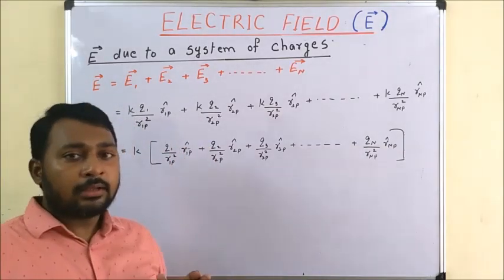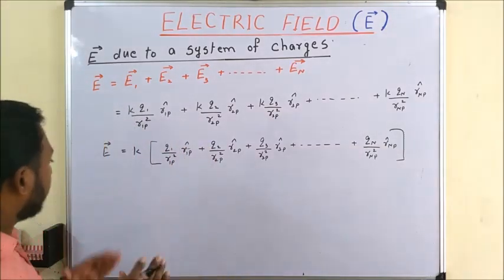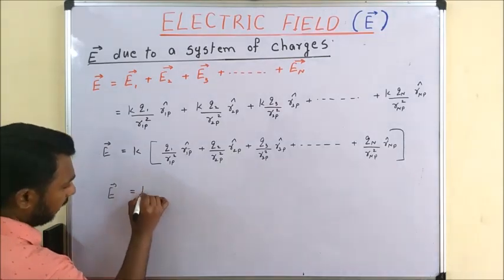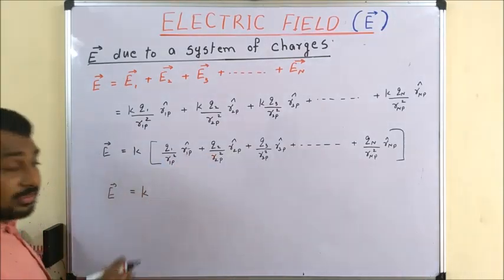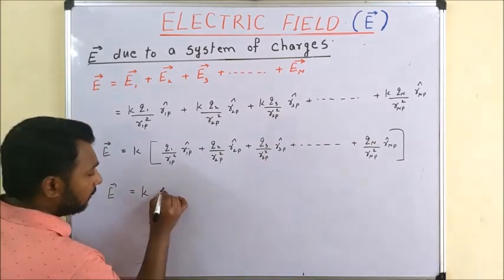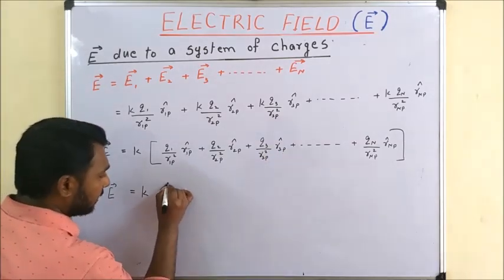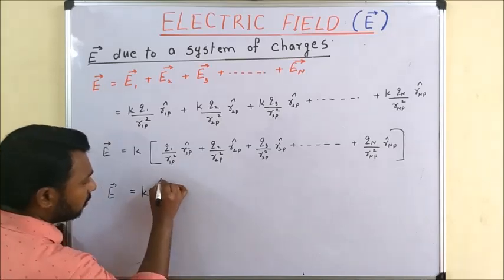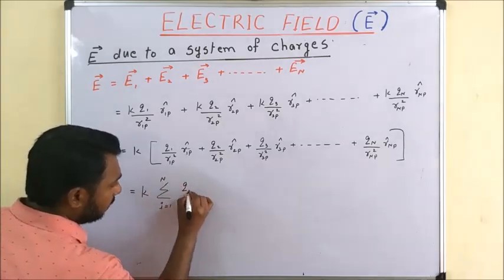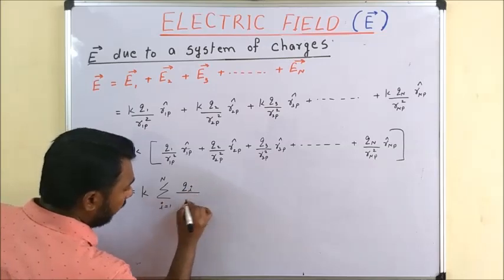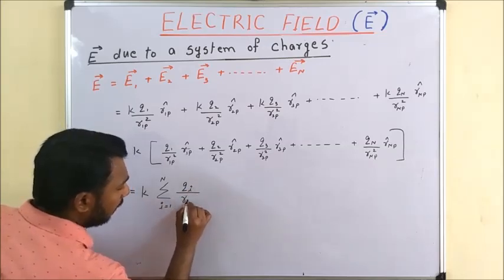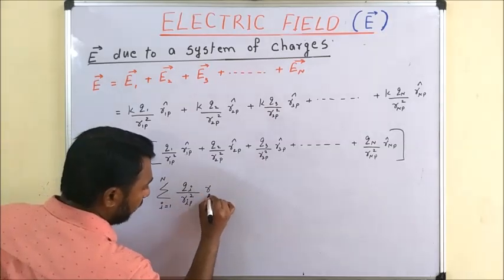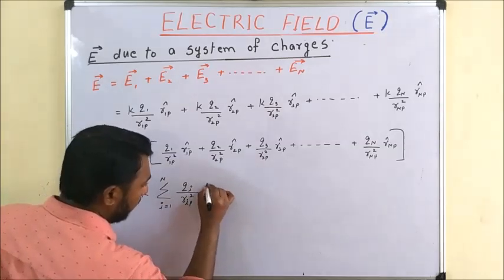and finally you can write it like this: E is equal to K times the sigma, the entire bracket term written in summation form, sigma i equals 1 to n of Qi divided by RiP square times the unit vector RiP.